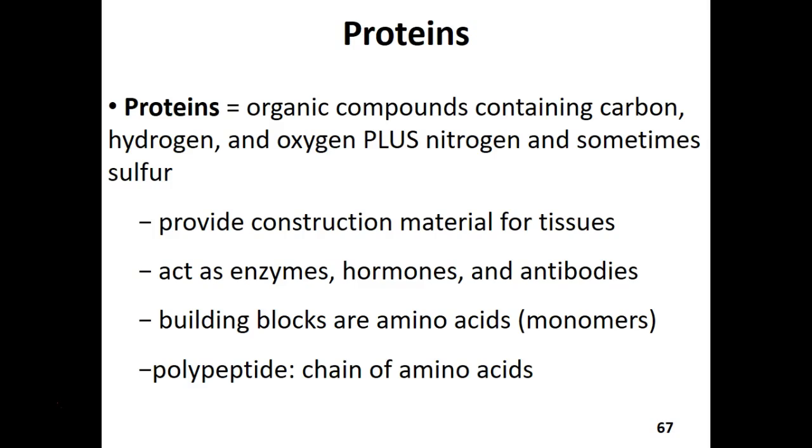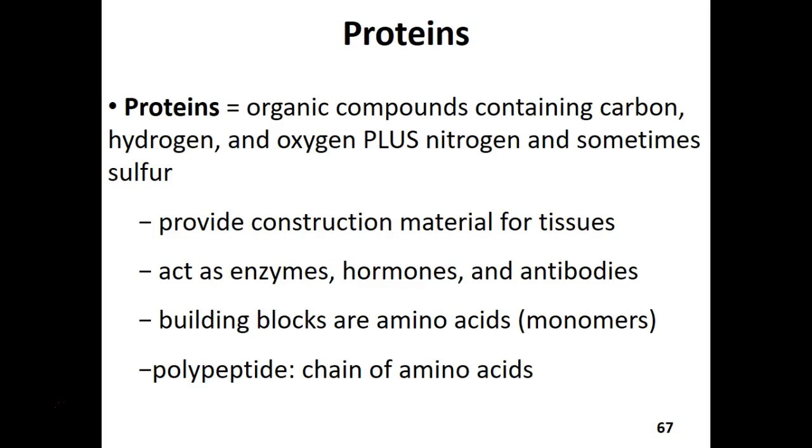Proteins are important in structural influence of the cells, but they also act as enzymes. An enzyme is a protein that increases reactions. So they increase the amount of reactions that occur in a given time.